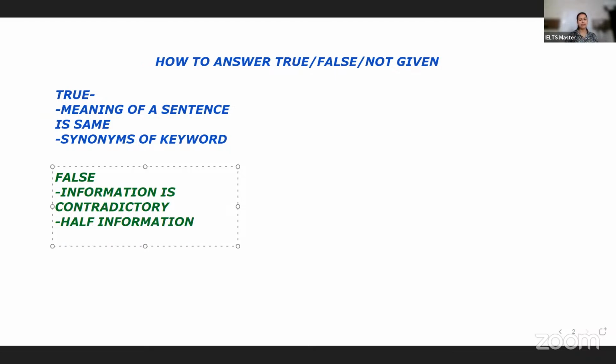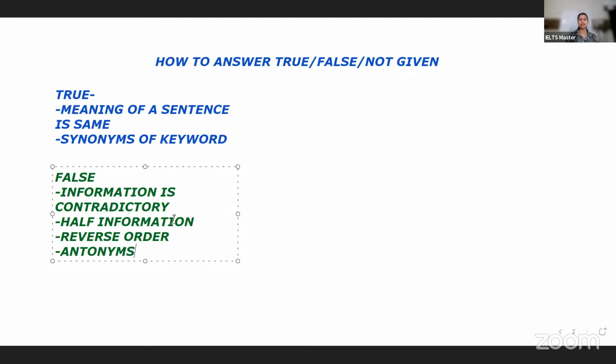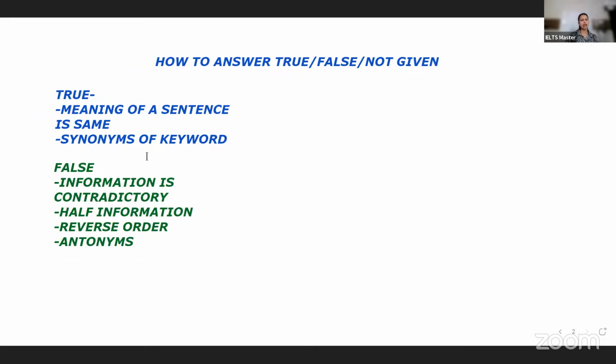Sometimes the information is given in reverse order. Sometimes for false, the information is given using antonyms. Increase as decrease, like that. Is that clear? Any doubt?